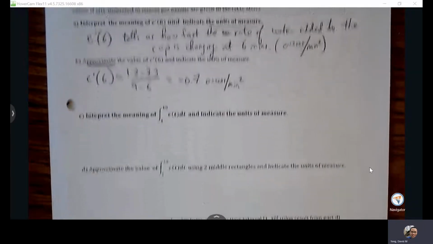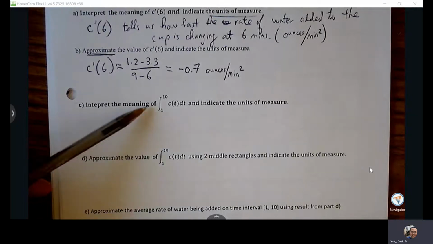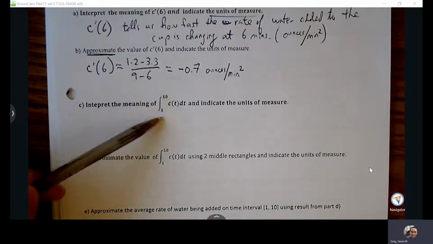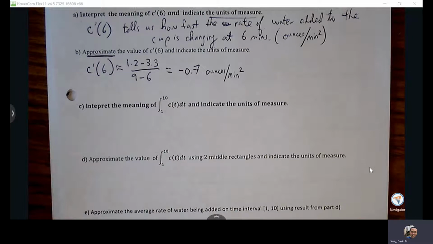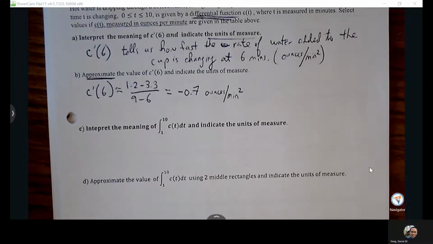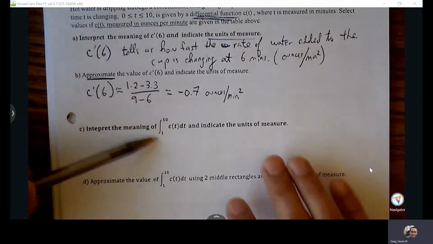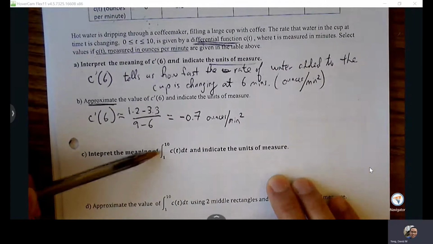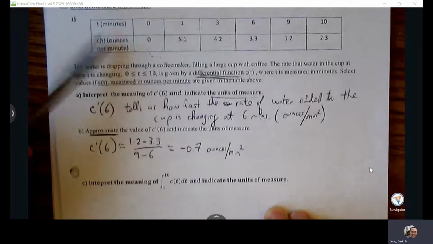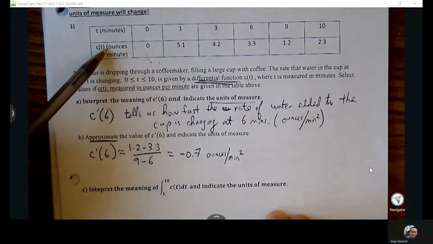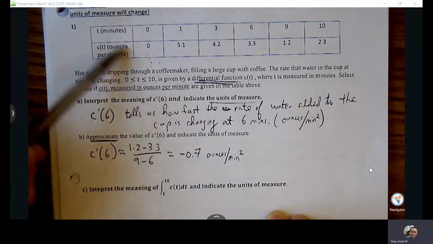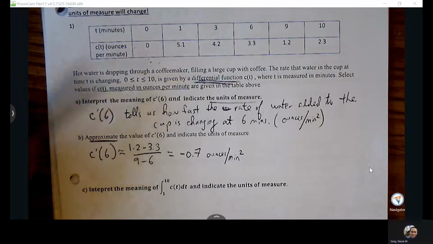Okay. All right. So now part C, interpret the meaning of the definite integral from 1 to 10 of C of t and indicate the units of measure. So we know that the definite integral from 1 to 10 of C of t means that we're changing the ounces per minute to be ounces, right?